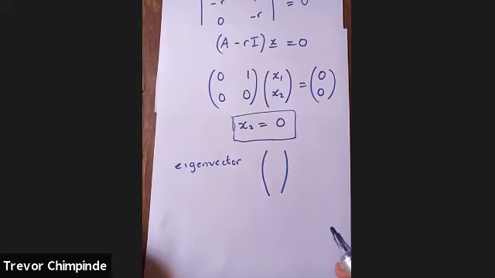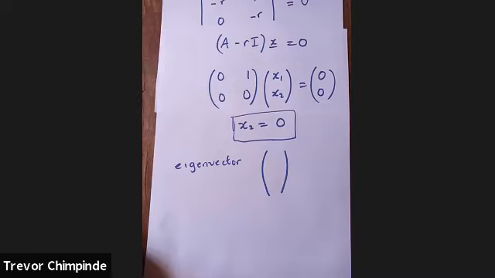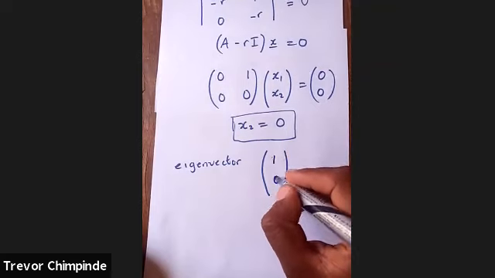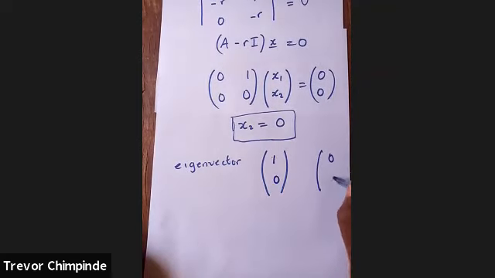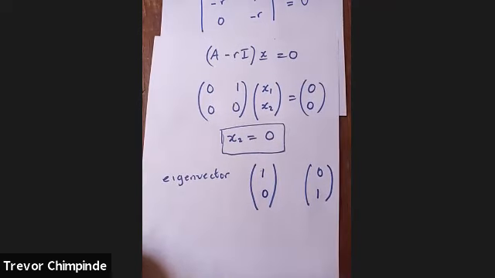1, 0. Like 1, 0, and 0, 1. So you get 2.